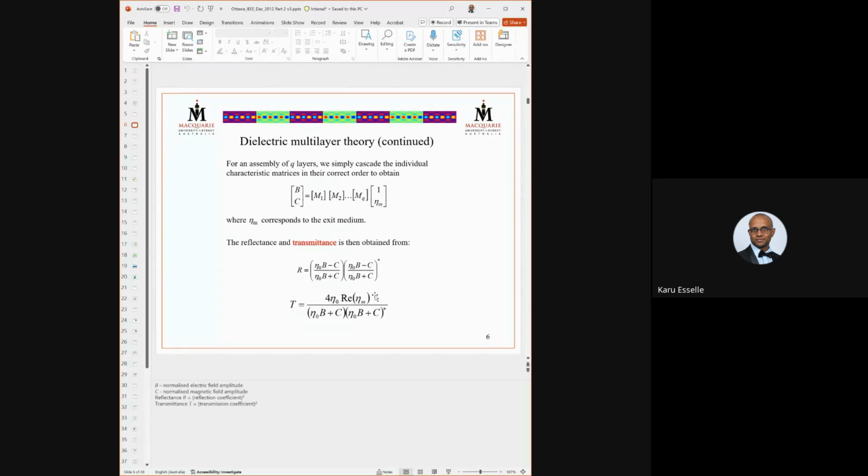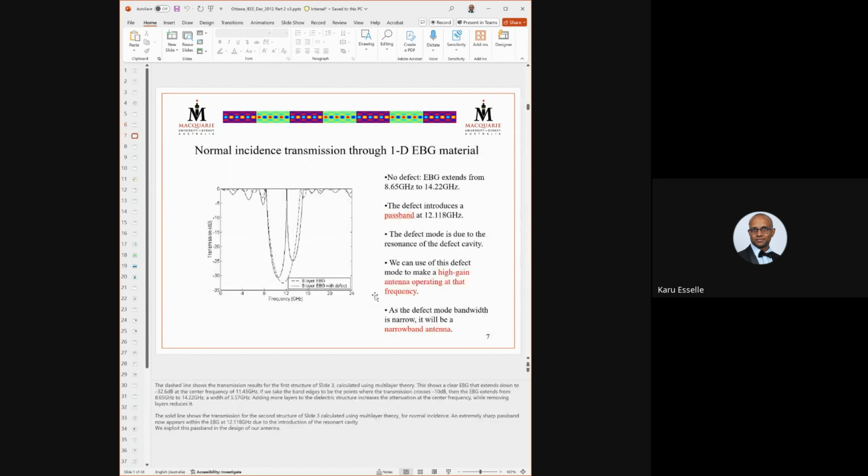These equations have been used by optical people for a long time, but we can also use them for antennas, RF, because optical waves are also electromagnetic waves.